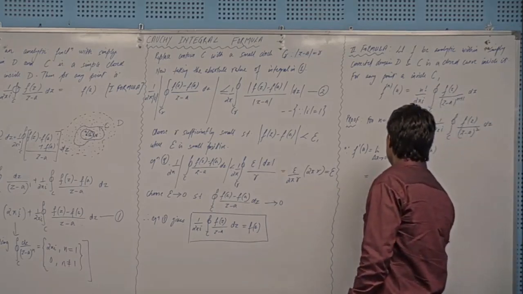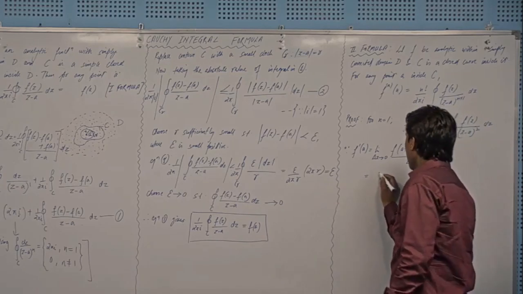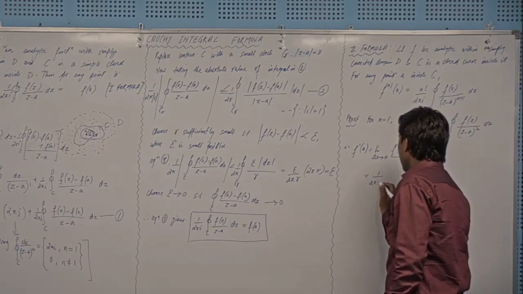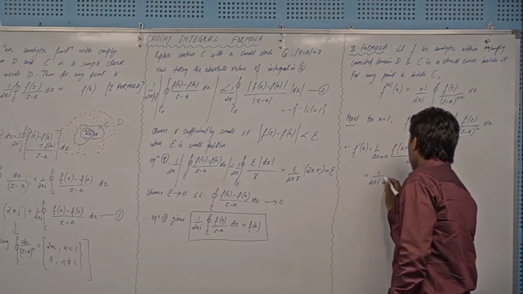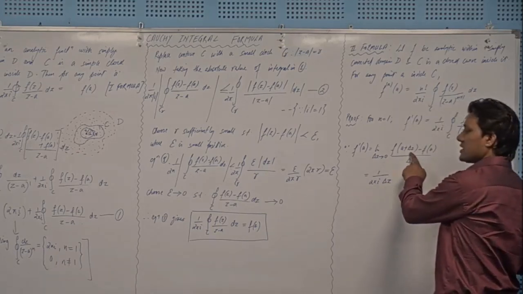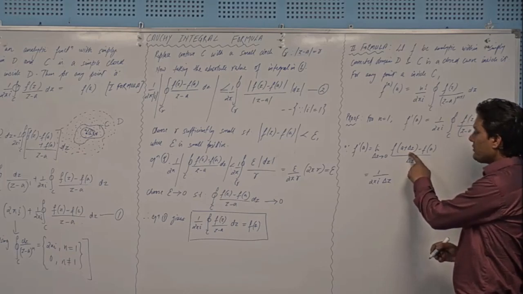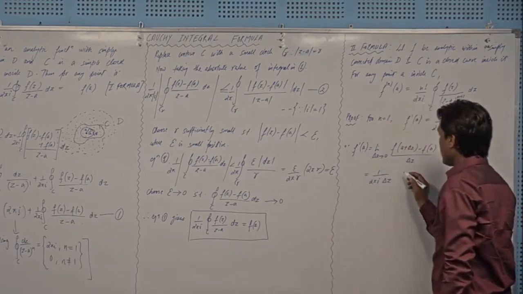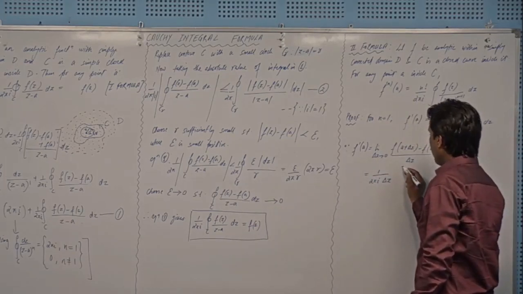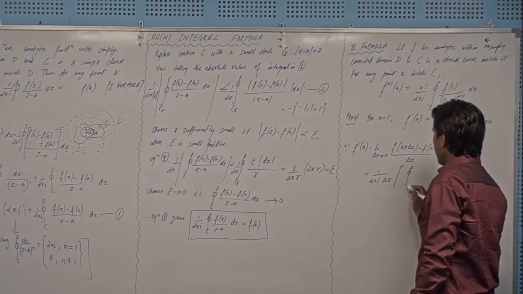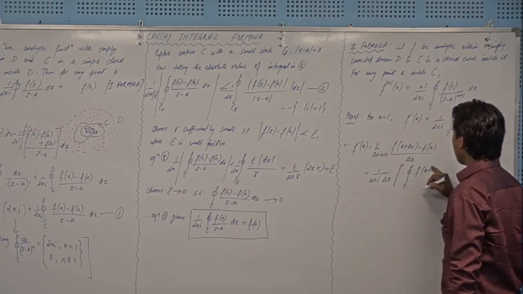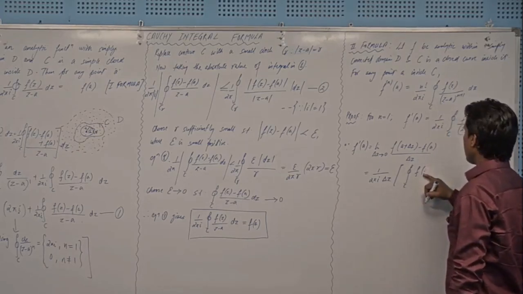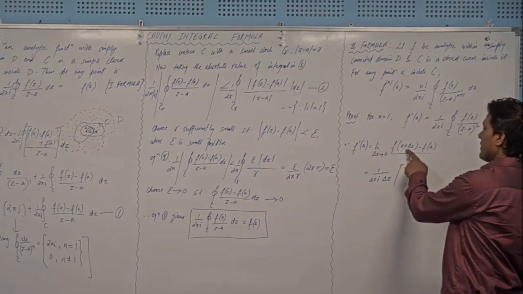So 1 over 2 pi i will appear outside, and this delta z will also appear here, along with f of a plus delta z. If you put f(a plus delta z), we get the integral over C of f(z), because in place of a we have a plus delta z.